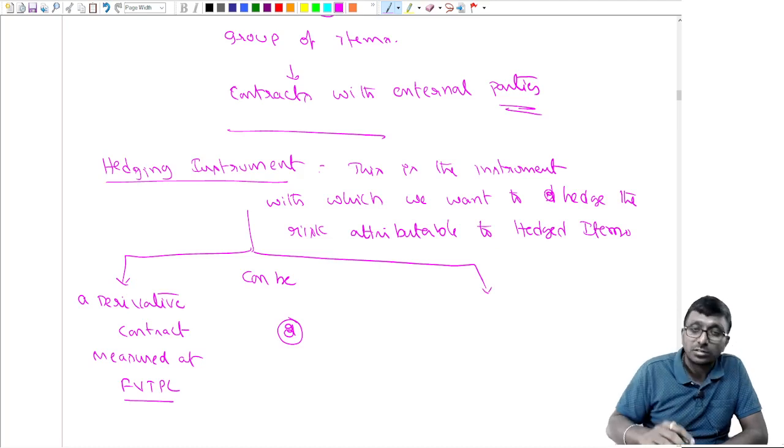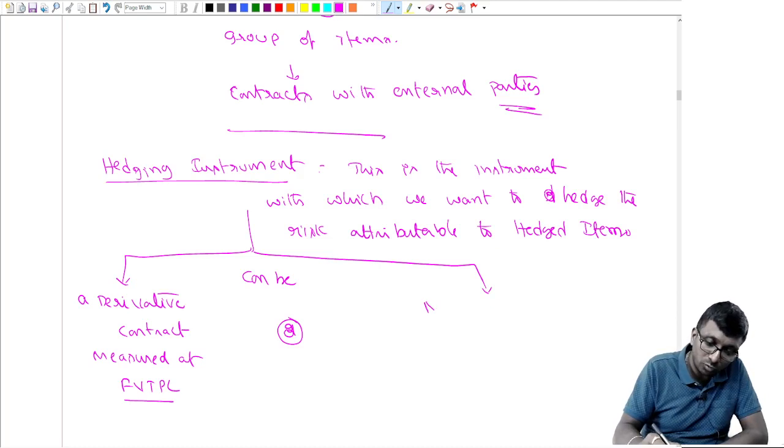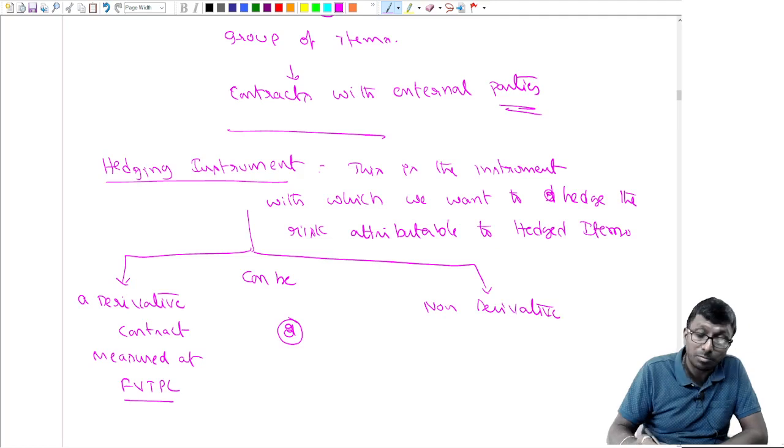The next one, it can be a non-derivative as well. Yes, we can do hedging with a non-derivative. A non-derivative, remember, financial asset or financial liability, obviously.